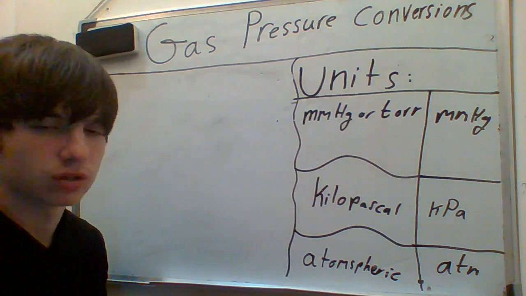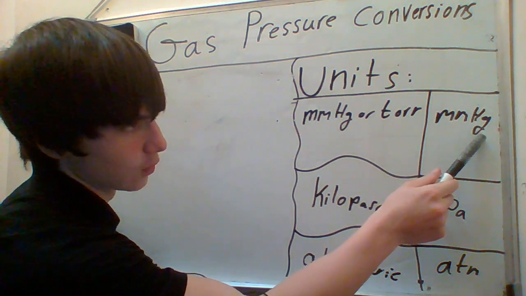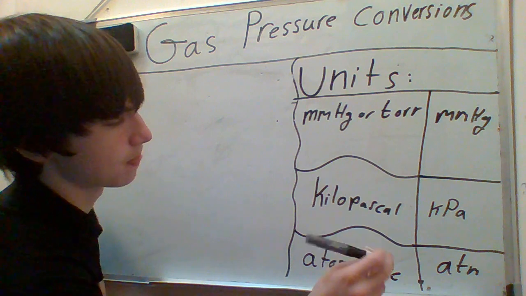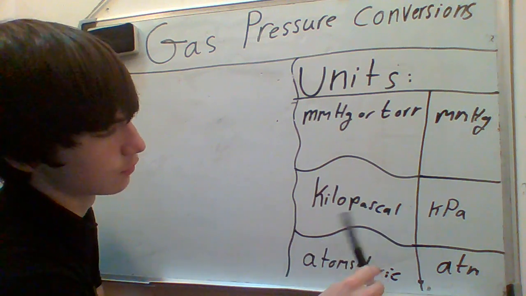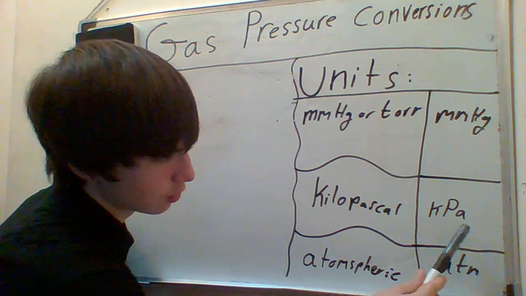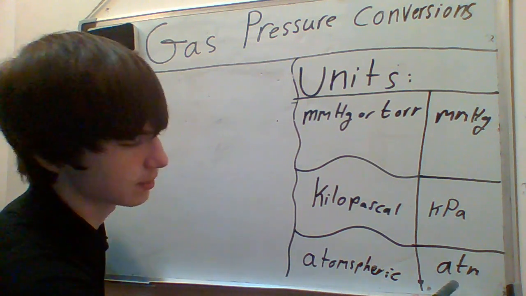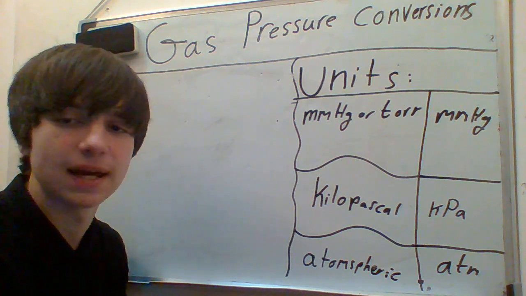Its symbol is mmHg. Then we have the kilopascal: lowercase k, capital P, lowercase a. Atmospheric pressure is simply abbreviated as atm.